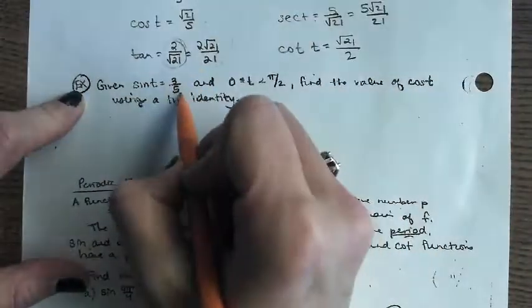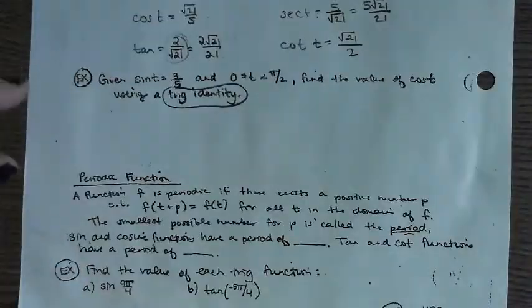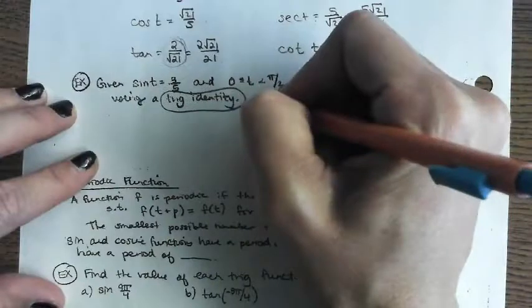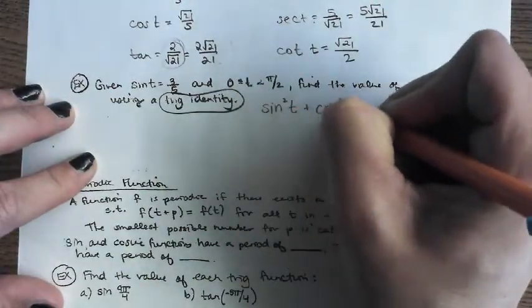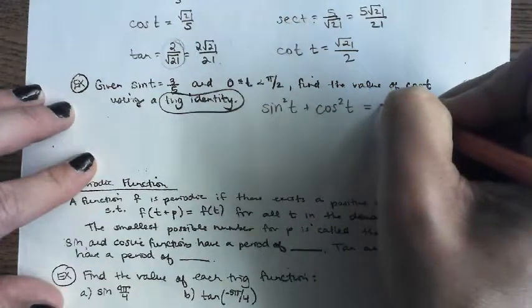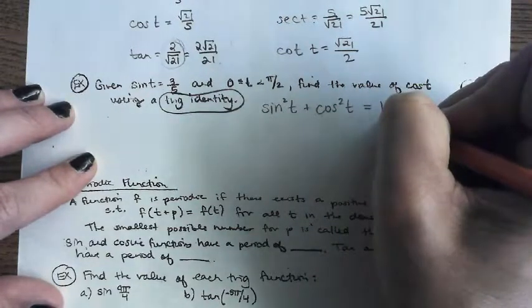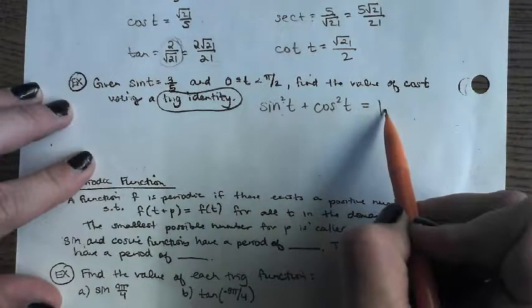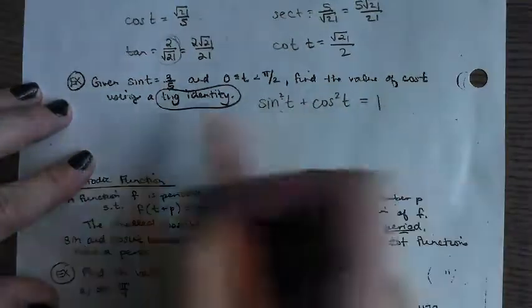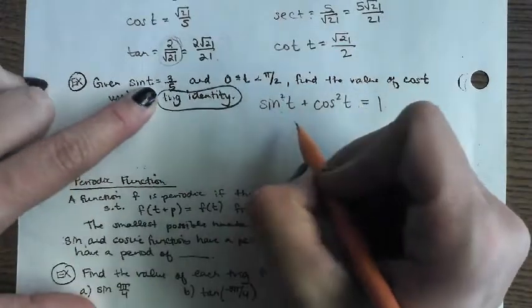What do you remember from last year about a trig identity? Sine squared plus cosine squared equals 1. Do you know that that comes from a squared plus b squared equals c squared in the unit circle? Okay. So we're just going to use that, and we know that sine is 3/5.